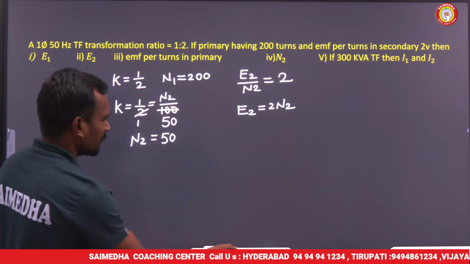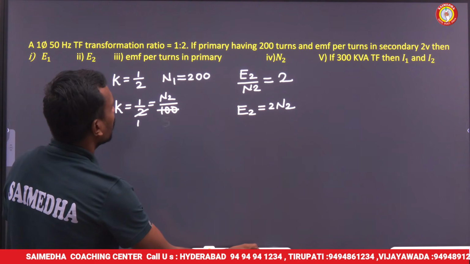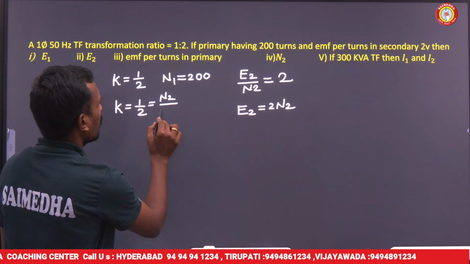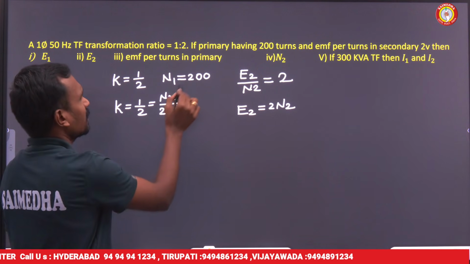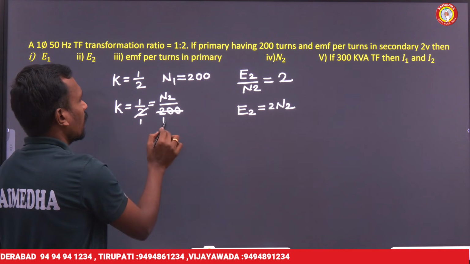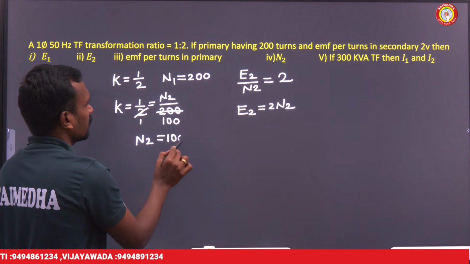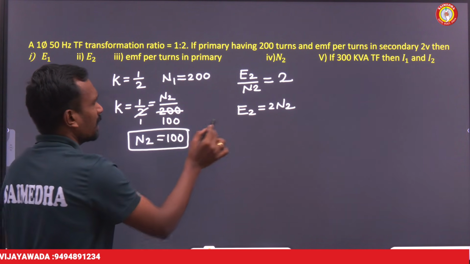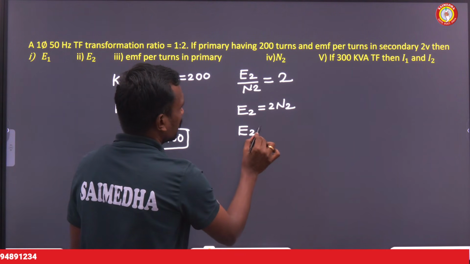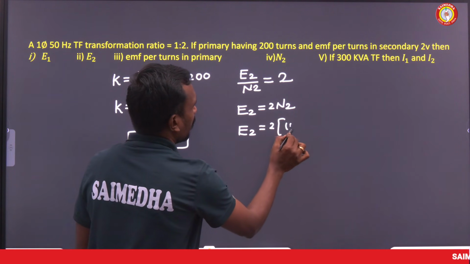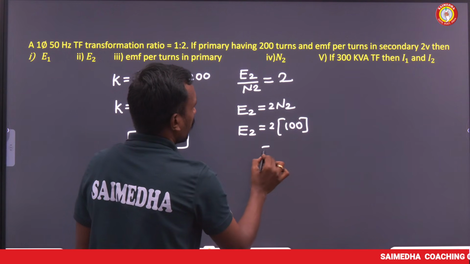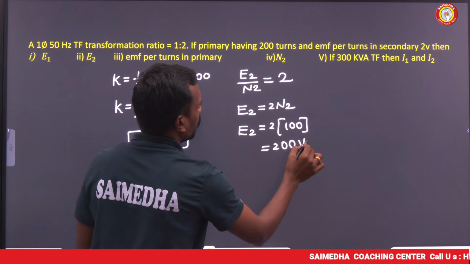What is the N1 value given? 200, right? So 2 ones are 2, 100s are. So N2 equals 100 turns. When N2 is 100 turns, E2 equals 2 times 100, which equals 200 volts.